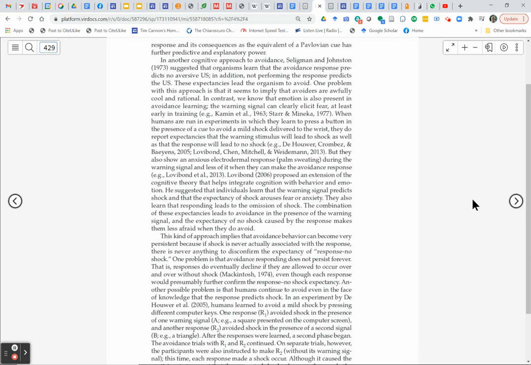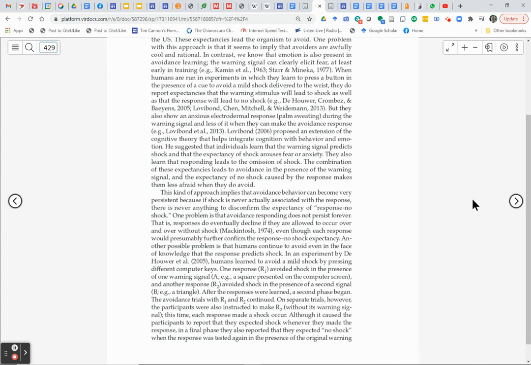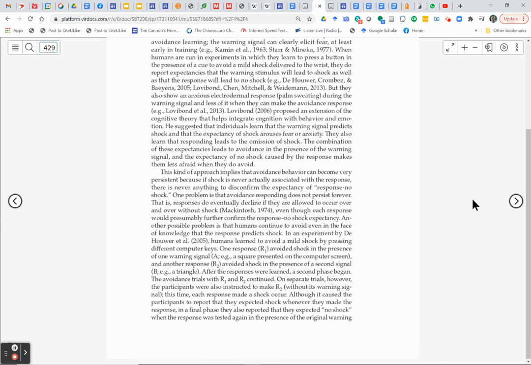And there's human research involving basically GSR, and humans, which are animals, that learn they can avoid the aversive stimulus.